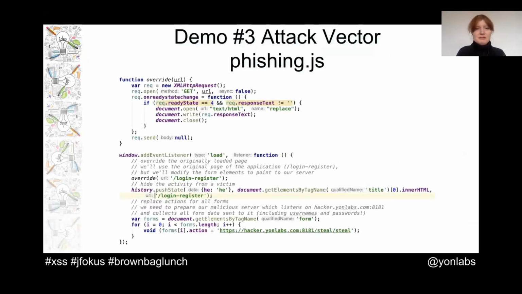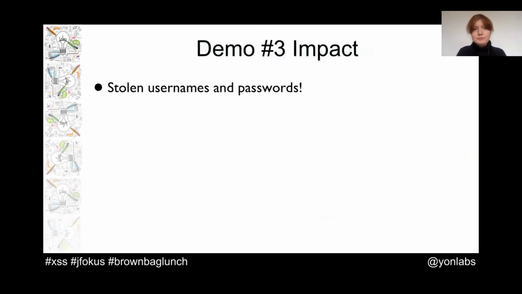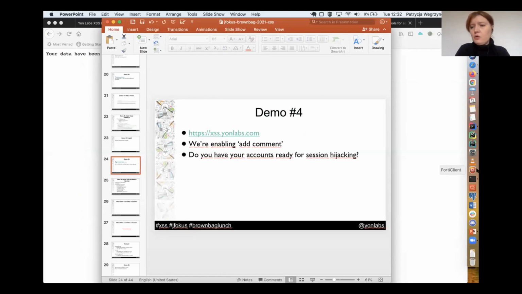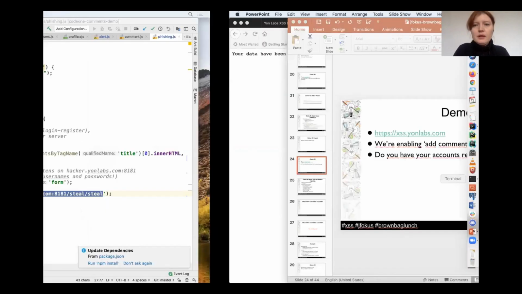Okay, so I've already explained the phishing JavaScript. The impact in this case is pretty huge: stolen usernames and passwords. For another demo, I will enable the functionality of adding comments, and I will hijack one of your sessions. So basically, please log into the application.